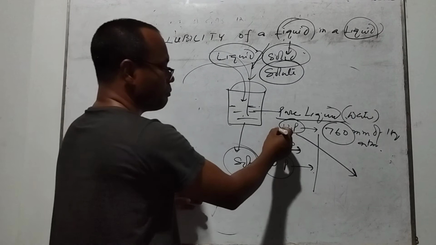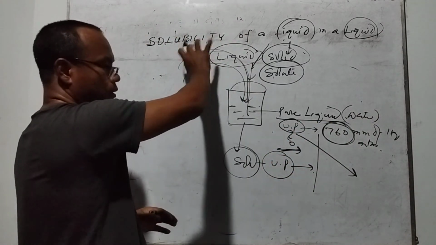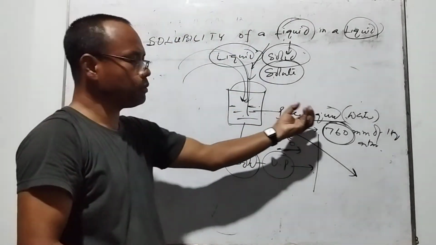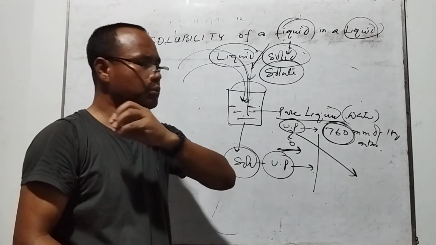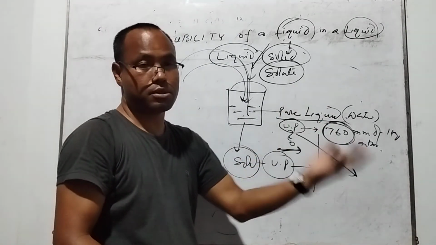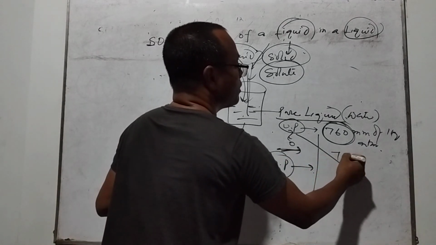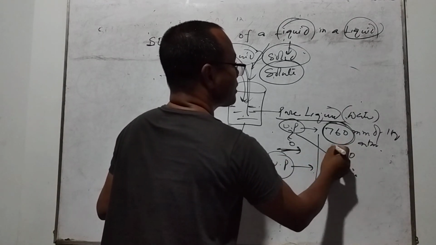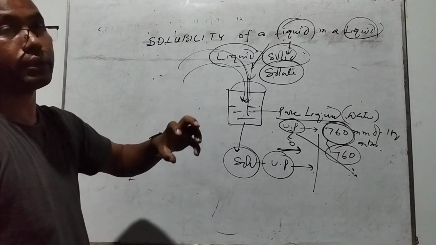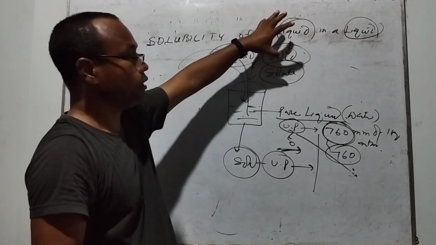Say for example, the vapor pressure of the pure water is 760. When we add some non-volatile solute, liquid or solid, the vapor pressure of the pure water will not be 760, it will be less than 760, maybe 750, maybe 758, 59, and so on. So that is an important factor affecting the vapor pressure of the liquid.